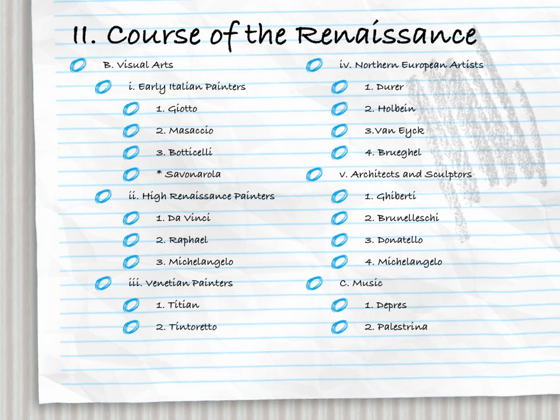Okay, so this is the visual arts section of section 2, the Course of the Renaissance. This looks a little intimidating because there are many artists that we're going to talk about, and the funny thing is this doesn't even come close to the number of famous artists who were at their peak during the Renaissance.